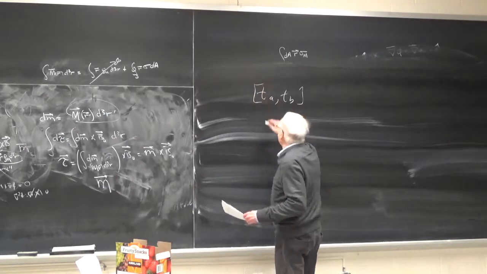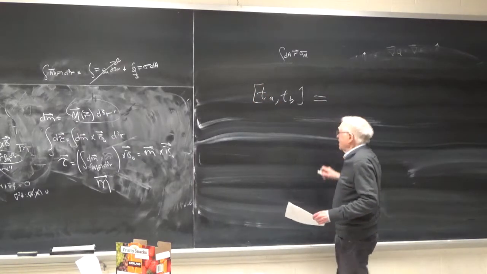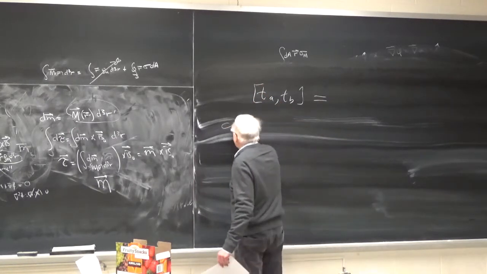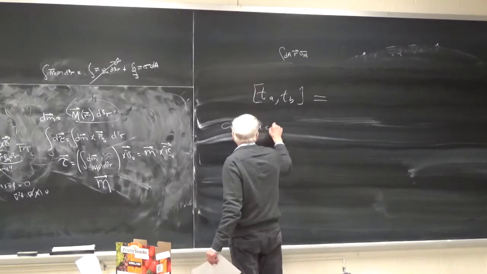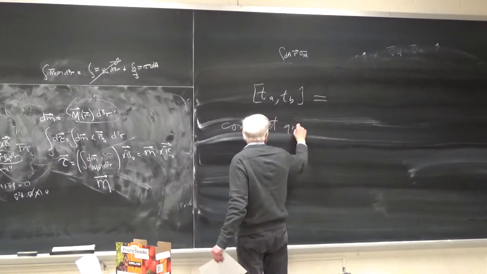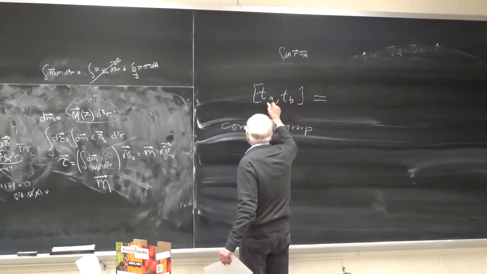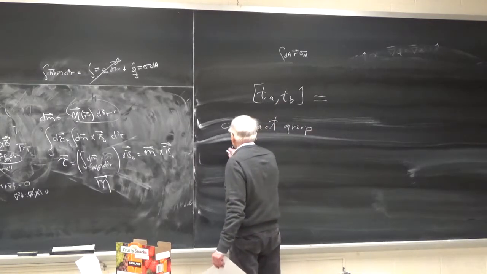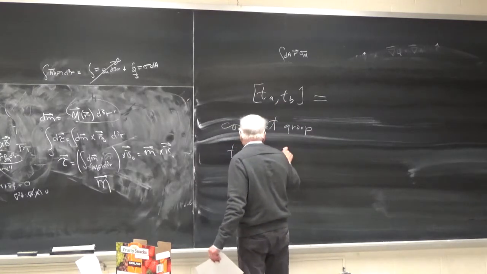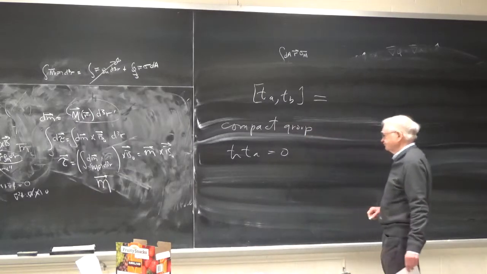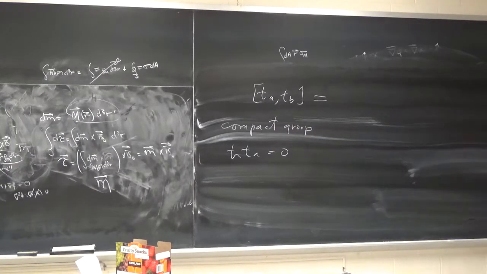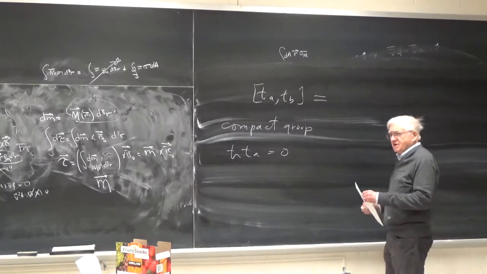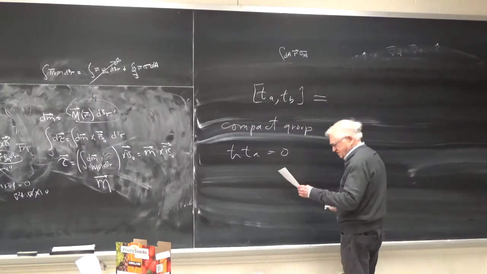Let's remember that we'll be talking about a compact group with generators T^A, and I'm assuming that these generators are traceless, which means that in particular there's no U(1), and so the group is simple or semi-simple.